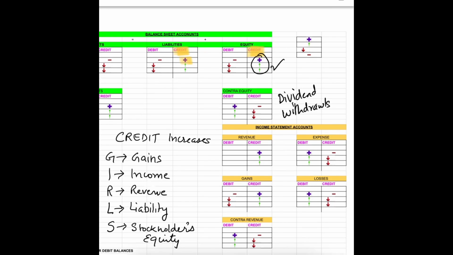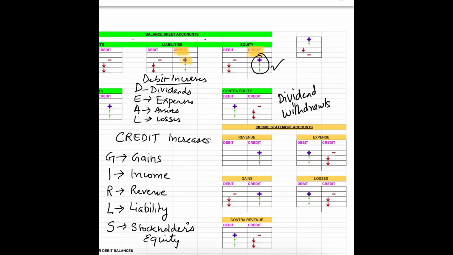Okay, let's review it one more time. For the accounts that have increases on the debit side, the mnemonic is DEAL. Where D stands for dividends, E stands for expenses, A stands for assets, and L stands for losses.